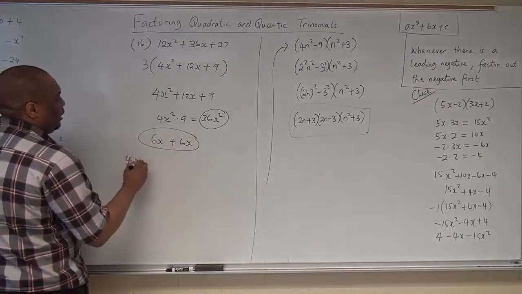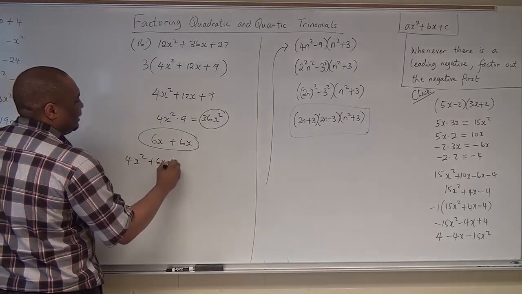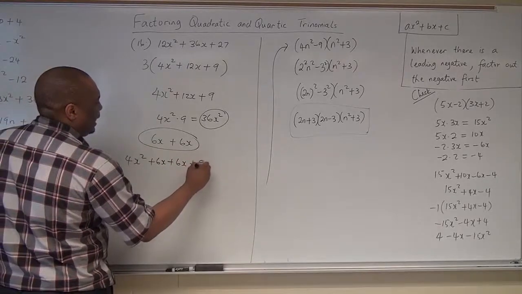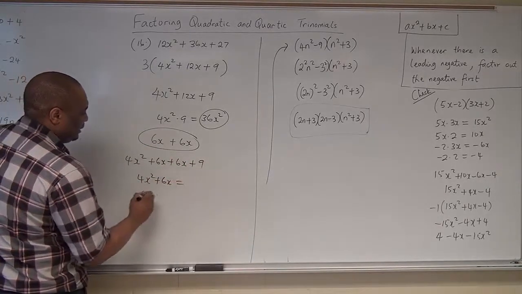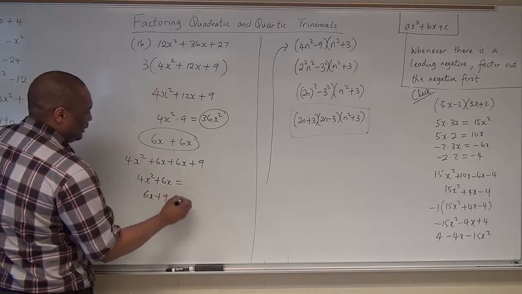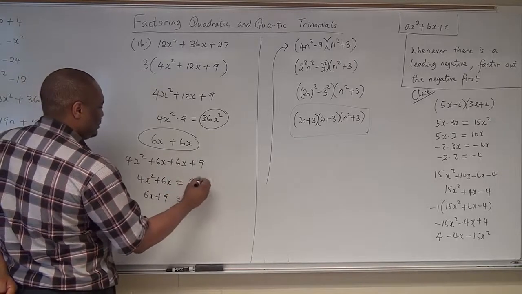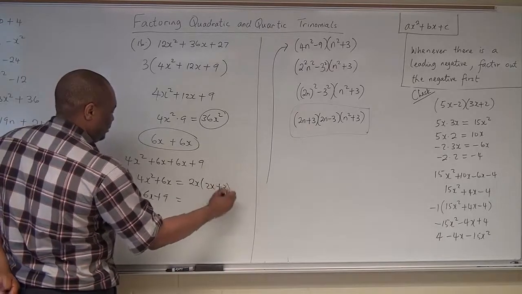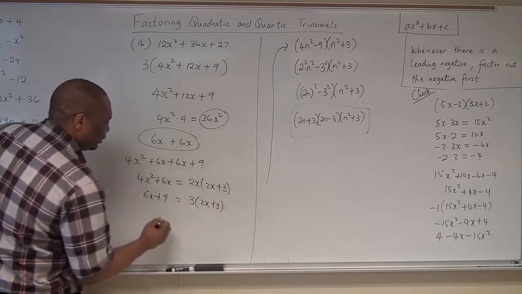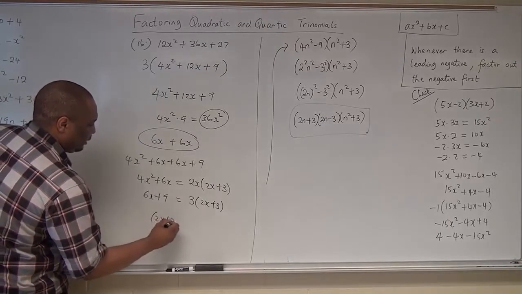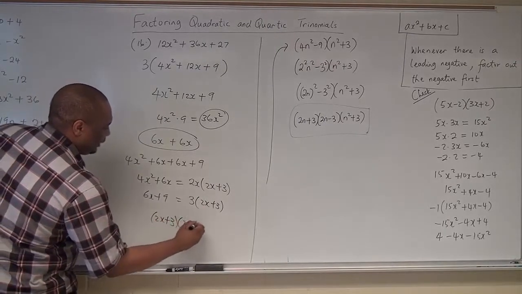So we have 4x squared plus 6x plus 6x plus 9. So this is 2x plus 3, and this is 2x plus 3. So we have 2x plus 3, and we have 2x plus 3.